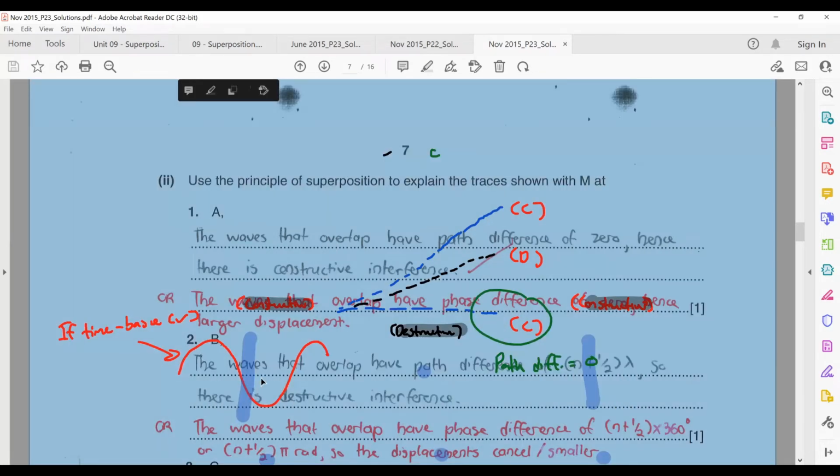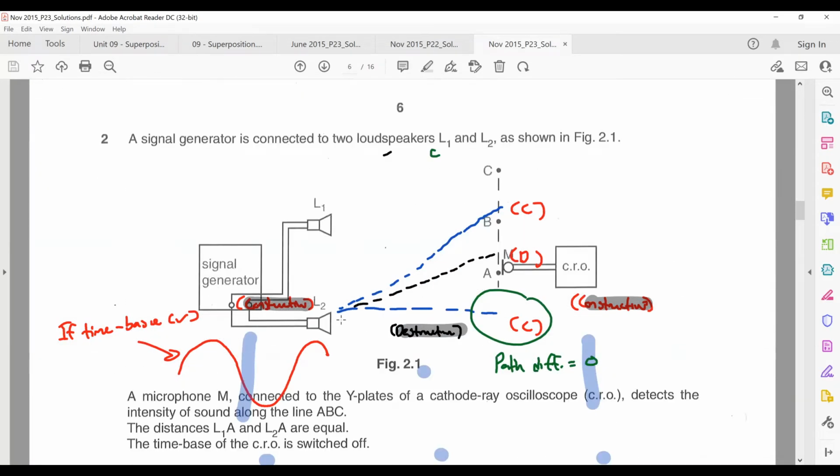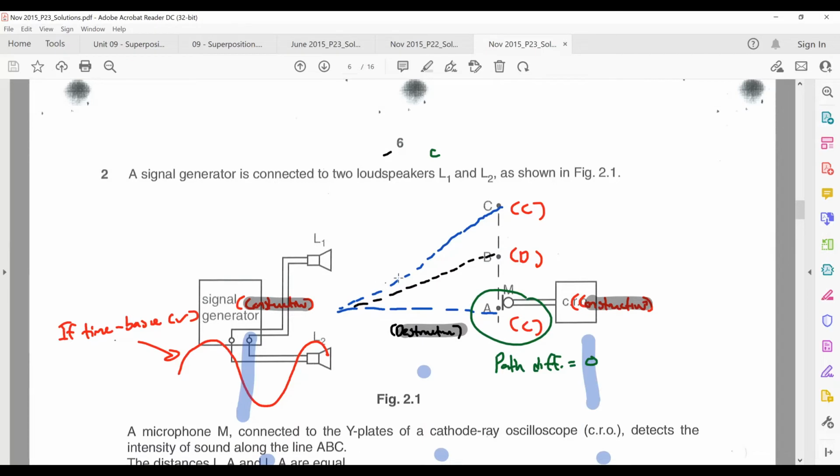Okay, then what about at point B? Point B is this one here, where you had 0 reading. So that one is most likely going to be destructive.